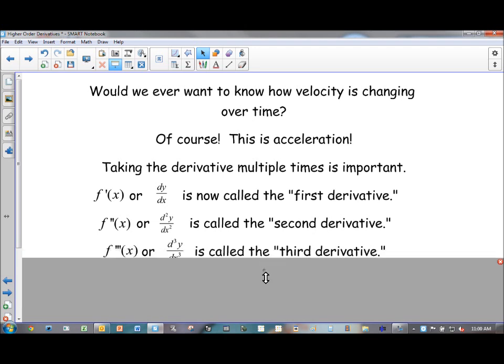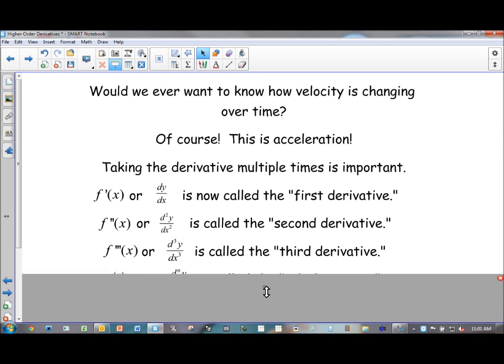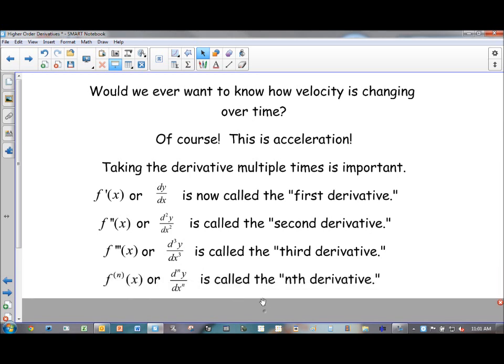If I move on to the third derivative, then I might use 3 tick marks to do that. I would call that f triple prime, and then it would be d cubed y over dx cubed. And again, those cubes don't mean the same thing. It just means I'm taking the derivative 3 times, and so on and so forth. So if I get too far, then obviously these tick marks are going to get a little excessive.